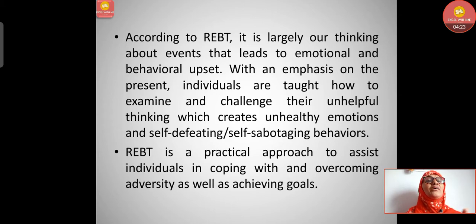They will defeat themselves and disguise their behavior. So REBT is a practical approach to assist individuals in coping with and overcoming adversity as well as achieving goals.